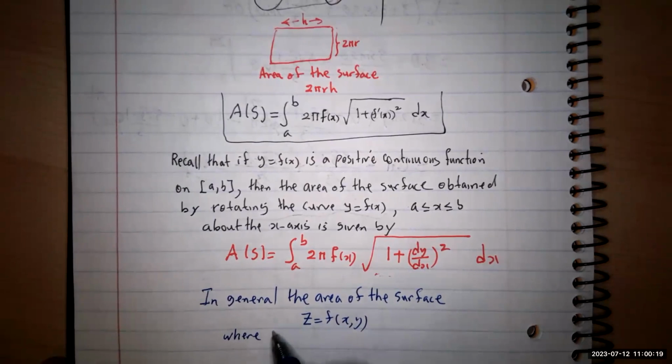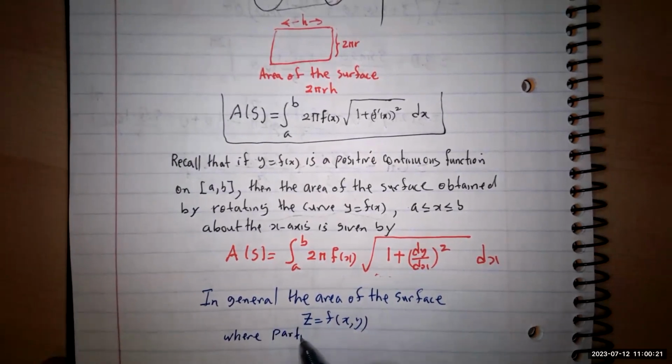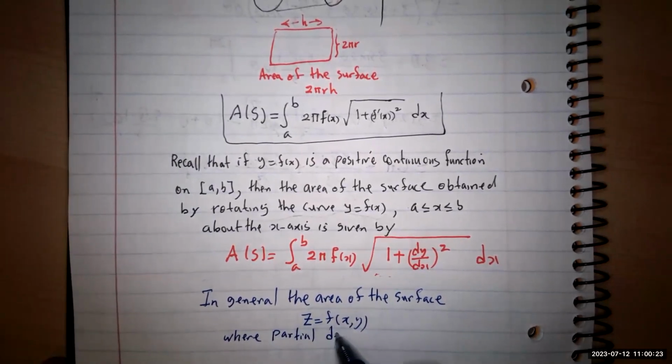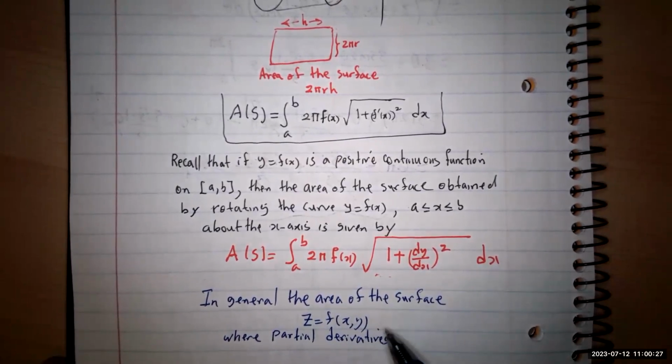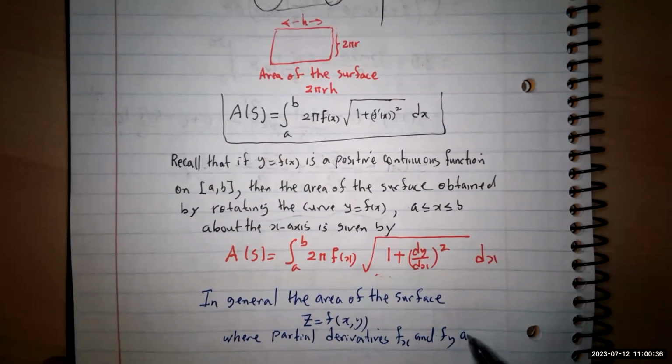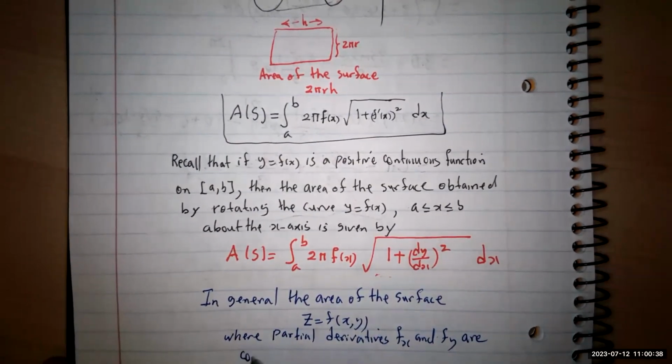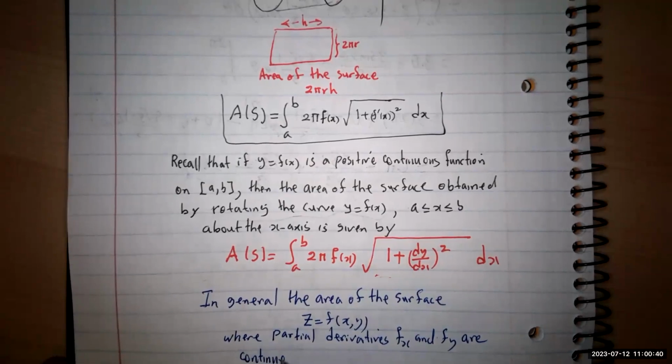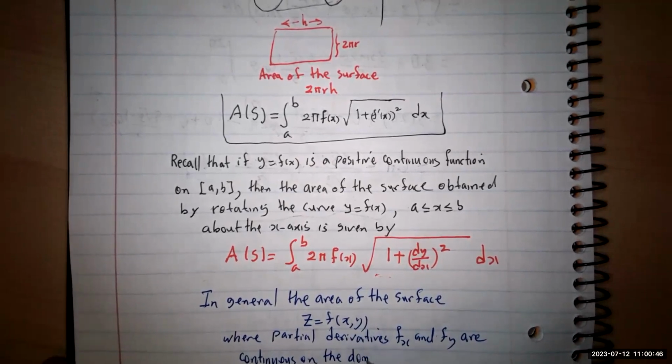The partial derivatives with respect to x and y, f sub x and f sub y, are going to be continuous on the domain D, which is a set in R2.